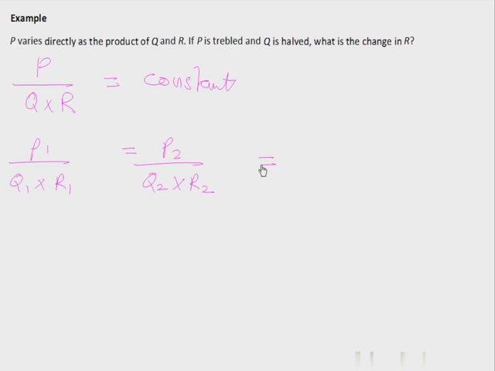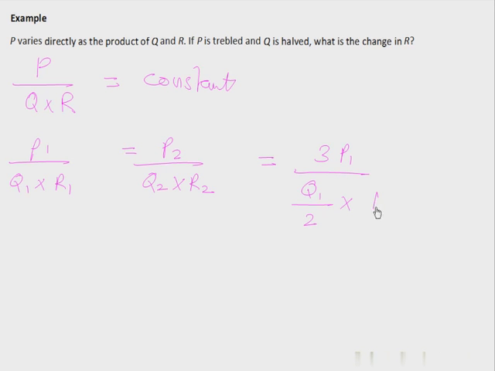Let's keep P1, Q1, R1 the same and let's see what P2, Q2, R2 become. Well, P is trebled, so that means P2 is 3P1. So I'm going to write 3P1 for P2. Q is halved. That means Q2 is half of Q1. Q2 becomes Q1 by 2.